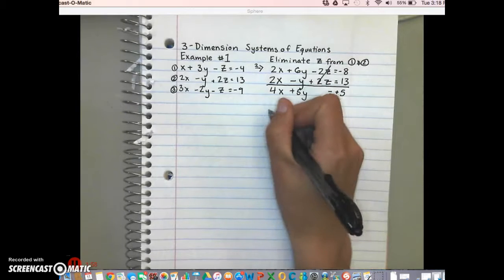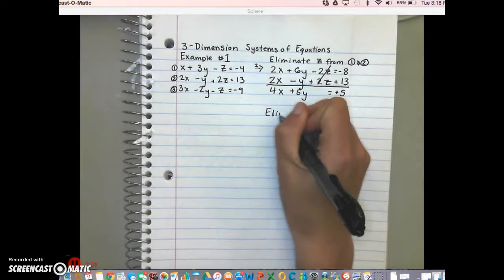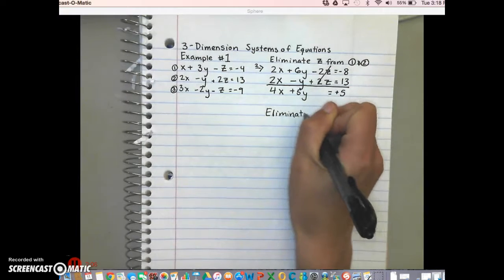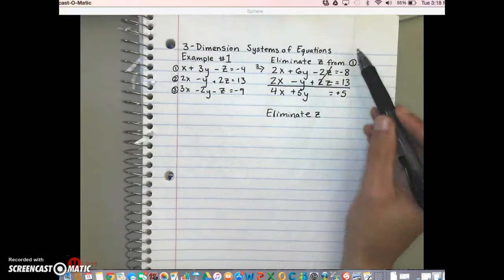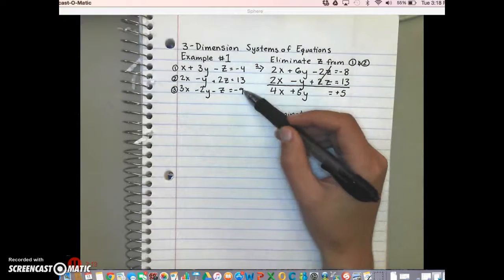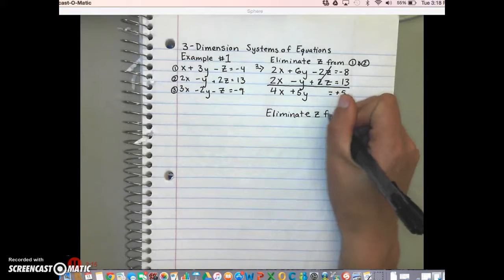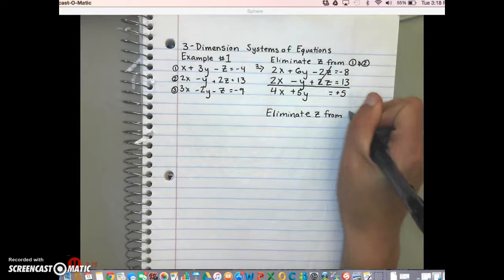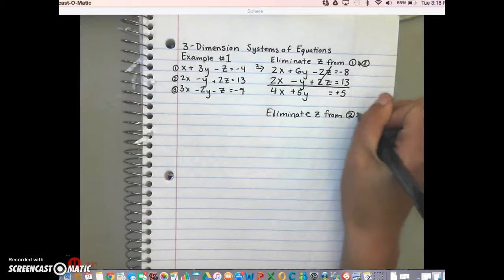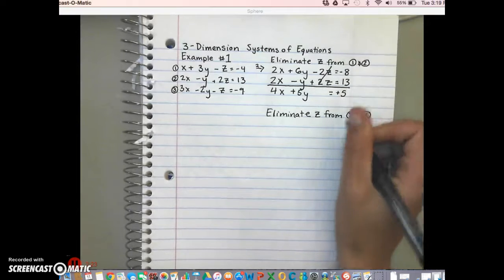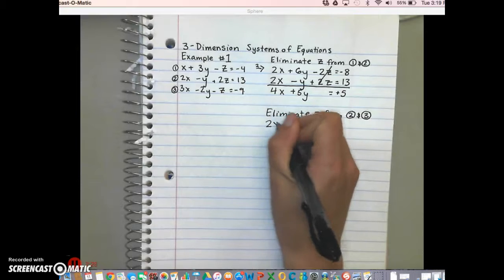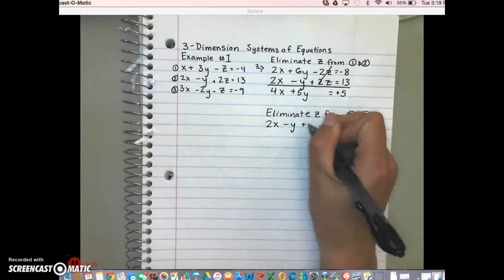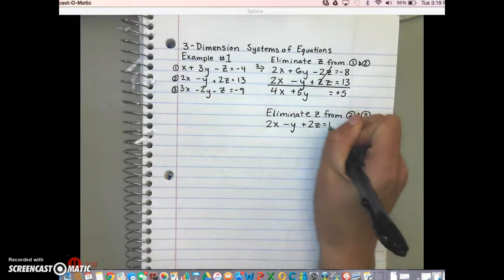And then I'm going to eliminate z from a different combination. This time I'm going to eliminate with 2 and 3. Equation 2 I keep the same, 2x minus y plus 2z equals 13.